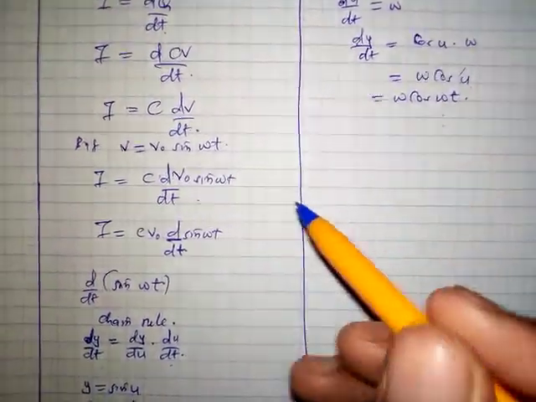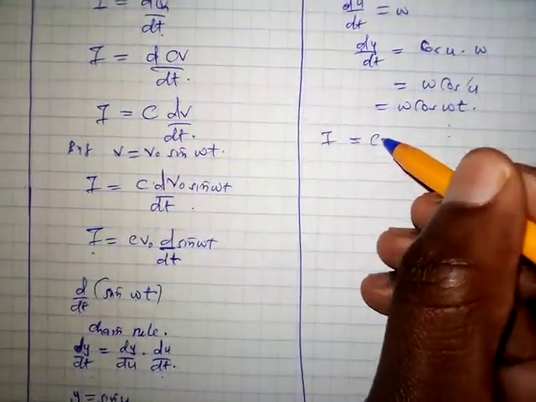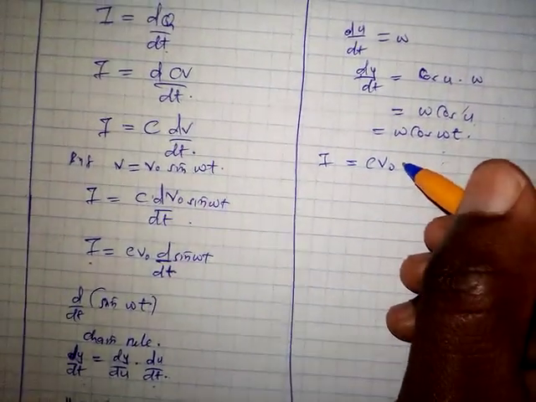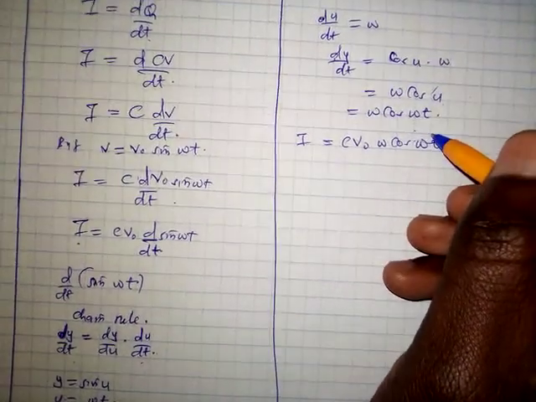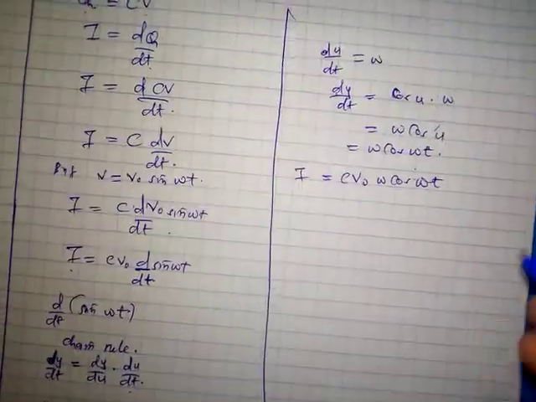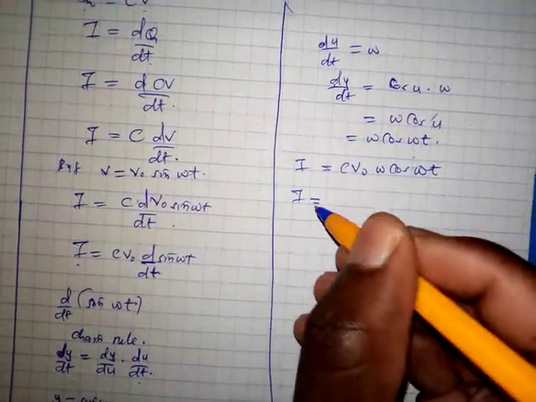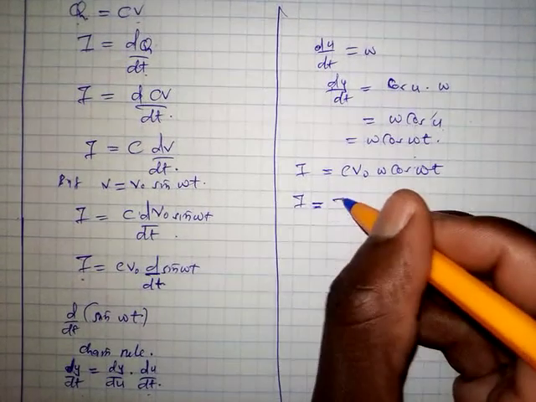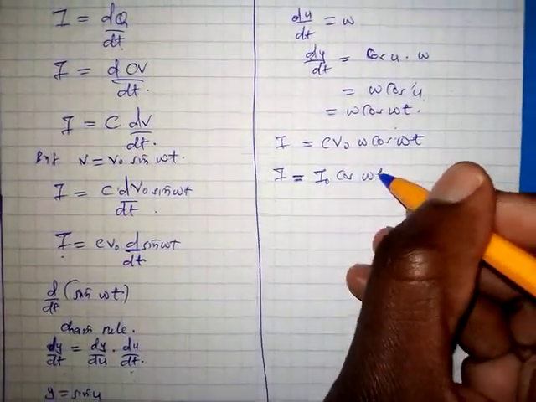So our current I will be equal to CV naught, the derivative that we have found, omega cos omega t. But remember, I is equal to I naught cos omega t.